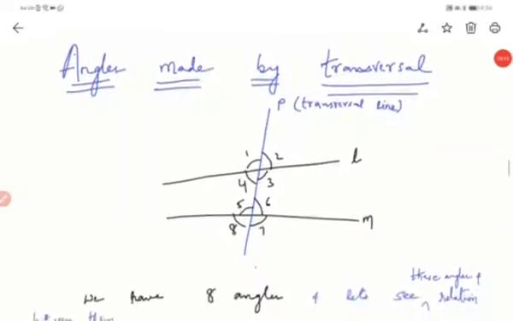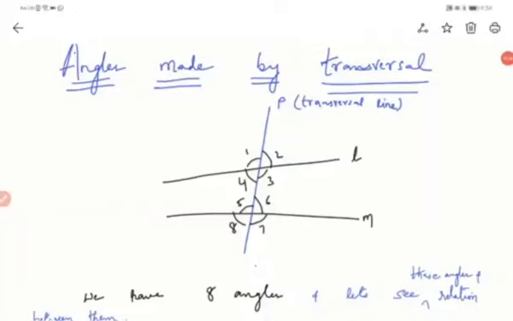Since this transversal line is cutting the two lines, you will get many angles, and obviously many questions on this transversal line. The transversal passing through two lines, parallel or any lines, will form 8 angles, isn't it?